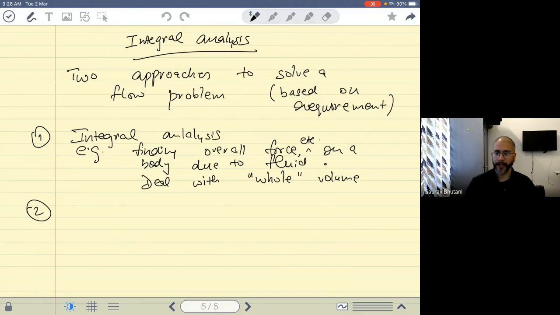Now, it may also be possible that what interests you is to find the distribution of force on the car's surface. It may happen that certain parts of the car will experience more force than others. As an engineer, you have to design the strength of the surface in such a way that it can take the forces acting.